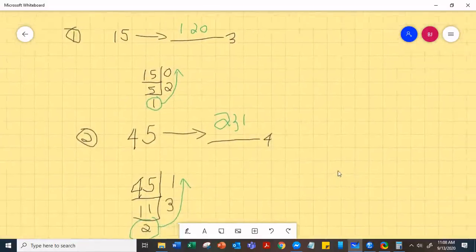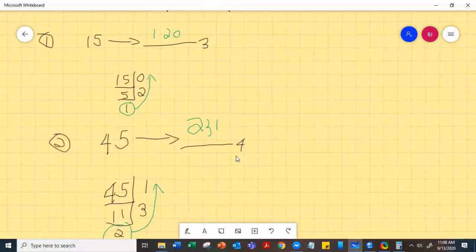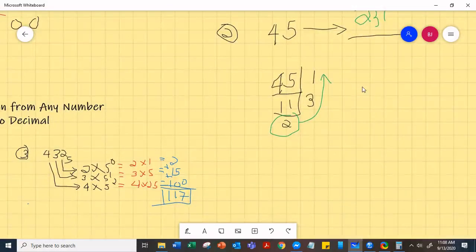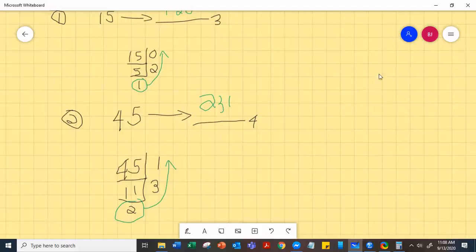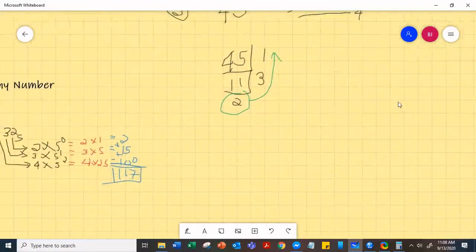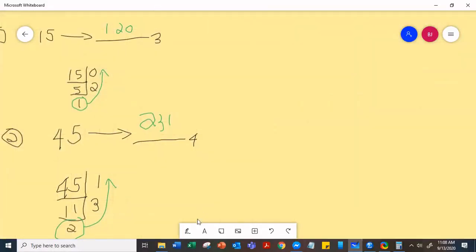Last example. It's already a bit of lag, as there are already too many handwritings here. So 432 base 5 should be the answer. So it's 117.